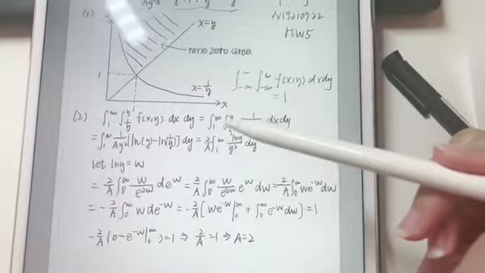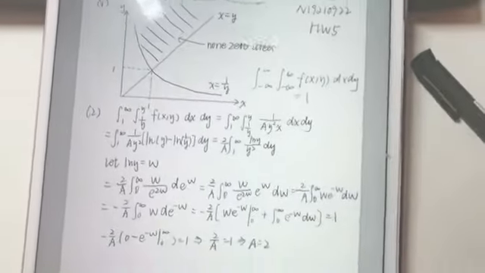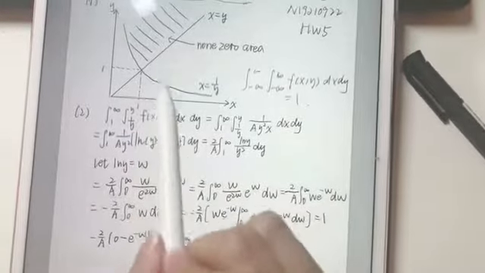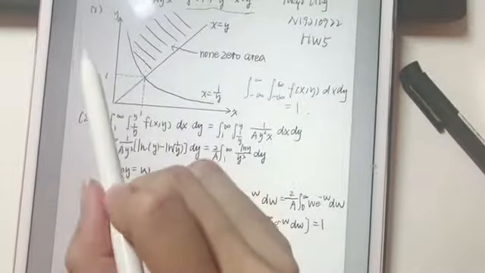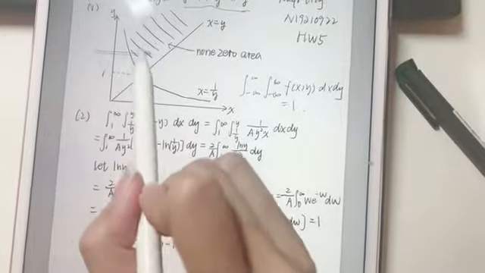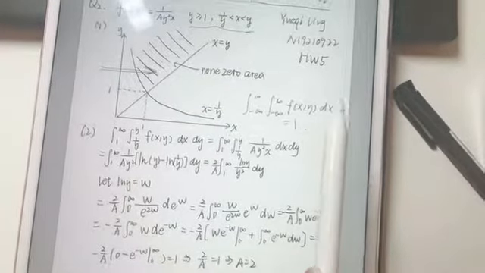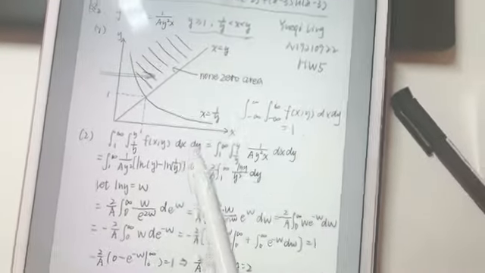So now let's move on to the solution. We'd better do the integral from the side view, that is from this side, and do the integral by x first.